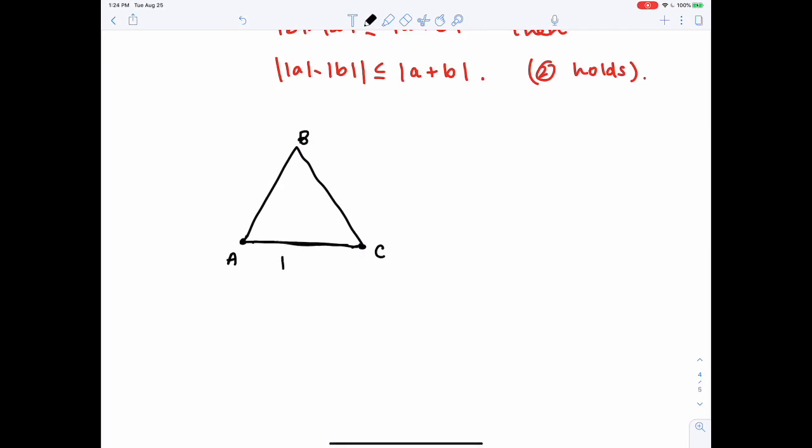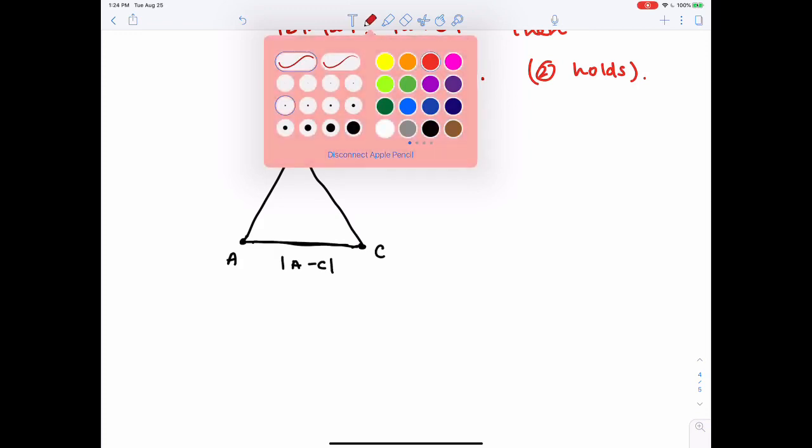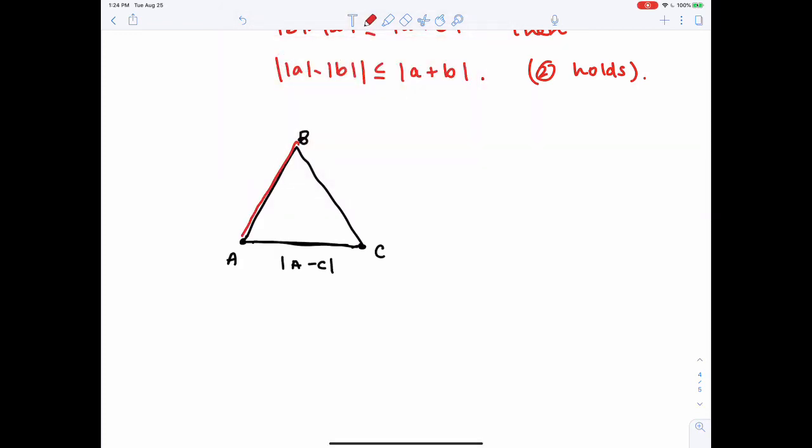And that would just be the distance A minus C in absolute value. Or I could go there by walking this direction and taking the other legs of the triangle.